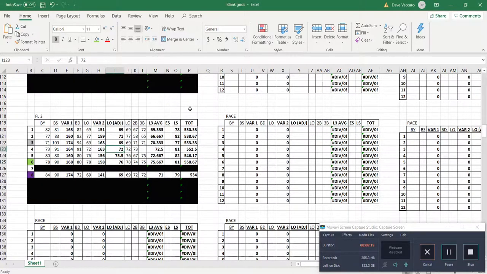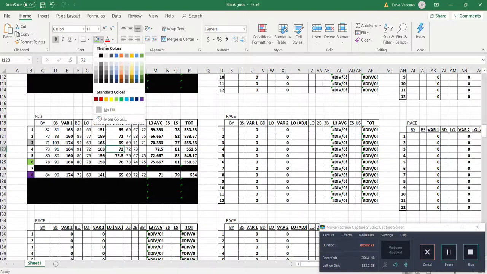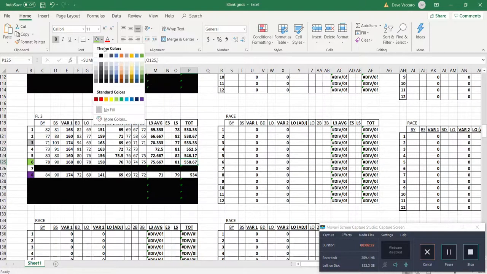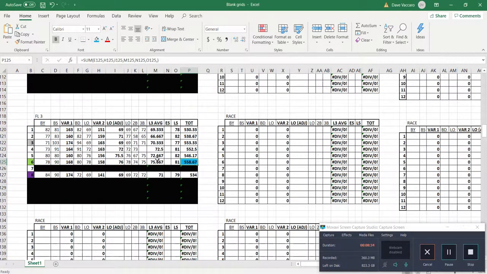Okay, now to analyze the grid here, I will find my top point getter. The top points here are an accumulation of points based on all of these bolded columns. It's simply the total.